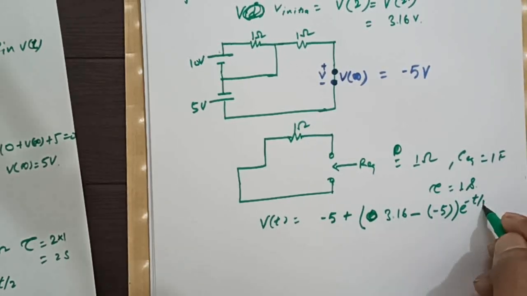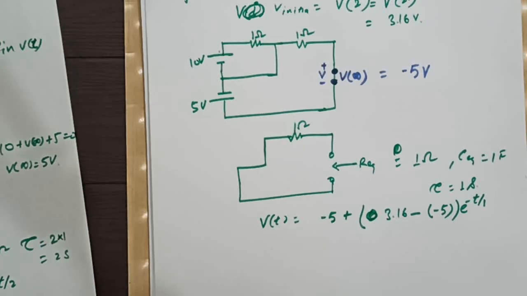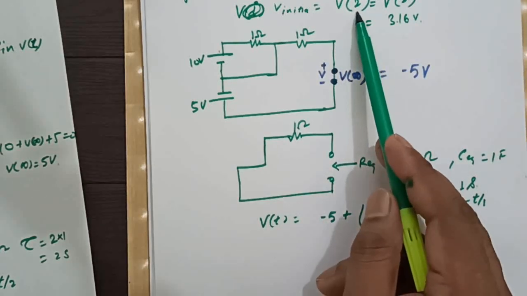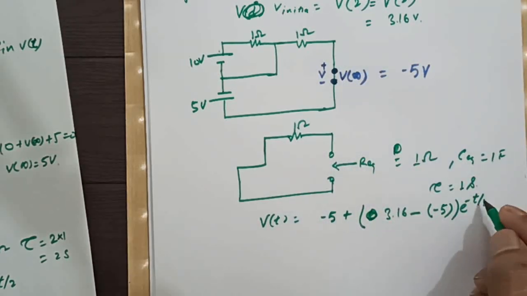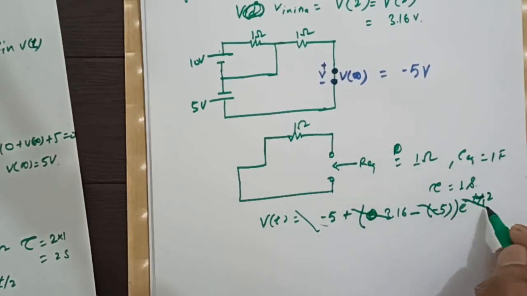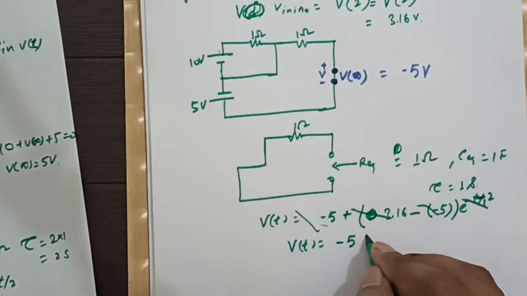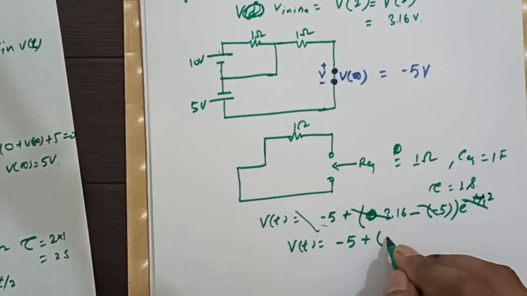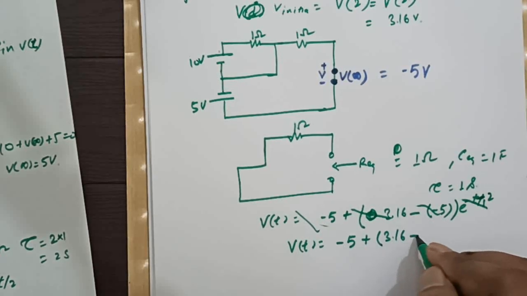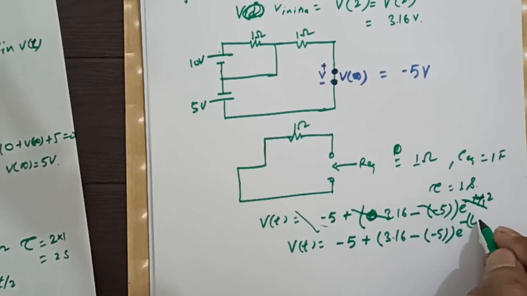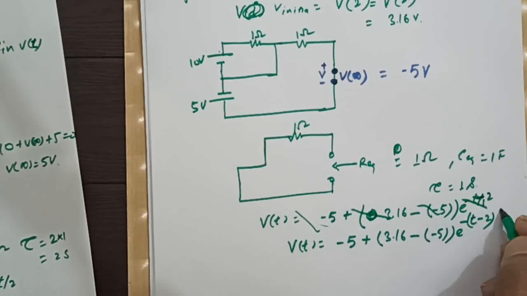Tau is 1. One more thing we have to mention here. This will not be t because we are introducing the transient at time t equal to 2 also. So this will be t minus 2. Once again writing this, Vt will be minus 5 plus 3.16 minus of minus 5 e to the power minus of t minus 2 divided by tau.